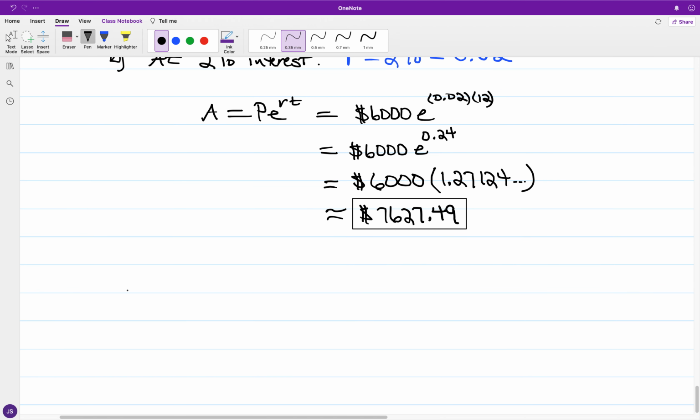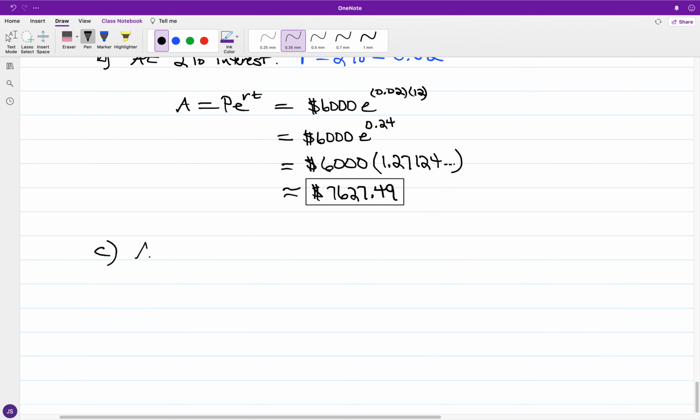And then in the case of Part C, you have 4.5% interest. So R is equal to 4.5%, and converting to a non-percent decimal number, that's going to be 0.045.